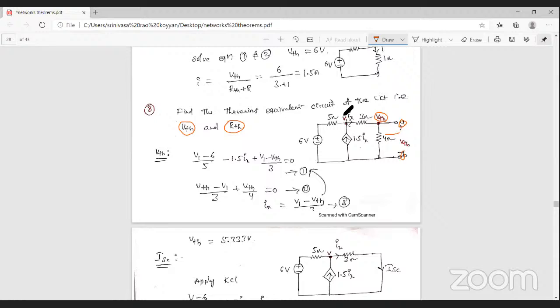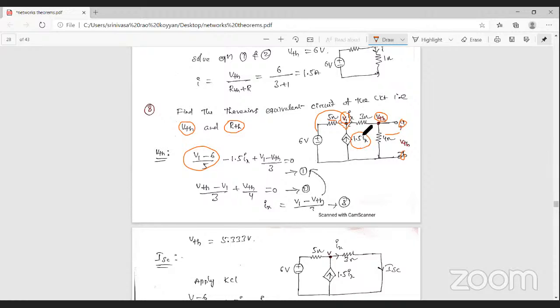Let's assume the voltage in this node is V1. Then you can apply KCL at these two nodes to get two equations. The first one is to apply KCL at node V1. Let's assume all currents are leaving. So that is (V1 minus 6) by 5. Next, here the current is leaving, but in this network the current is entering.